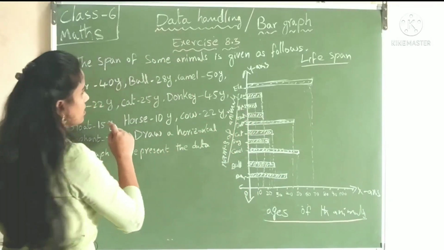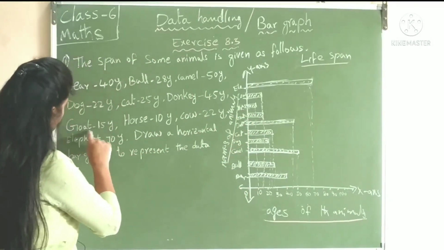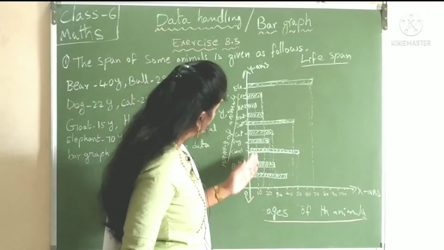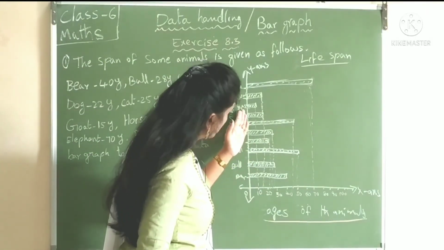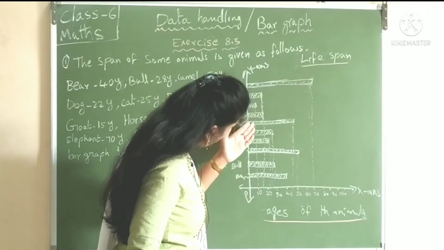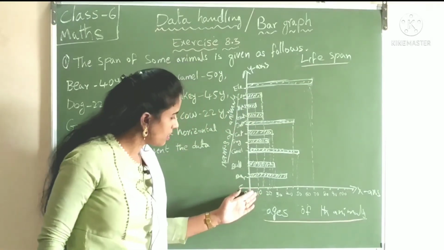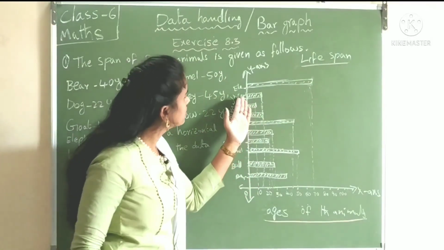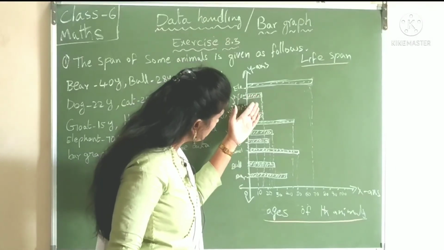Goat has 15 years. And horse has 10 years.